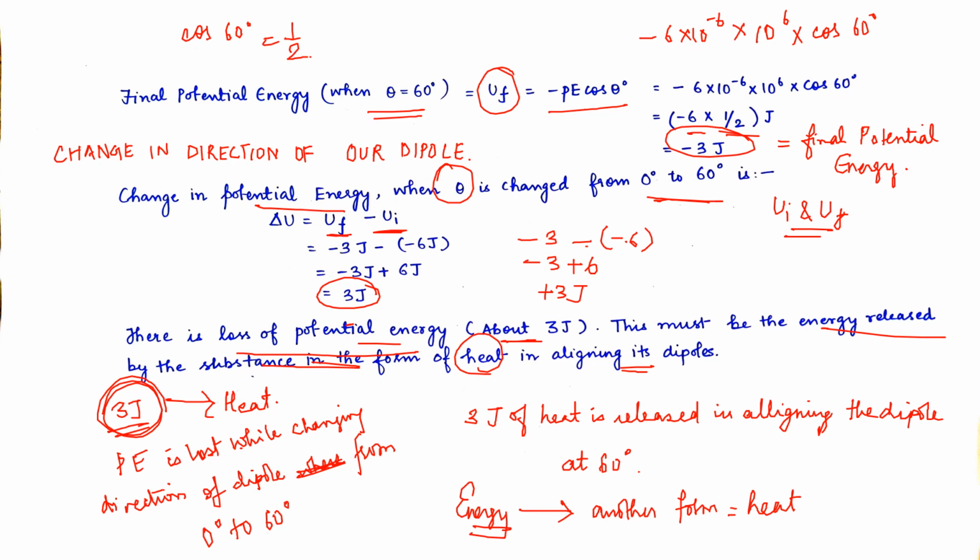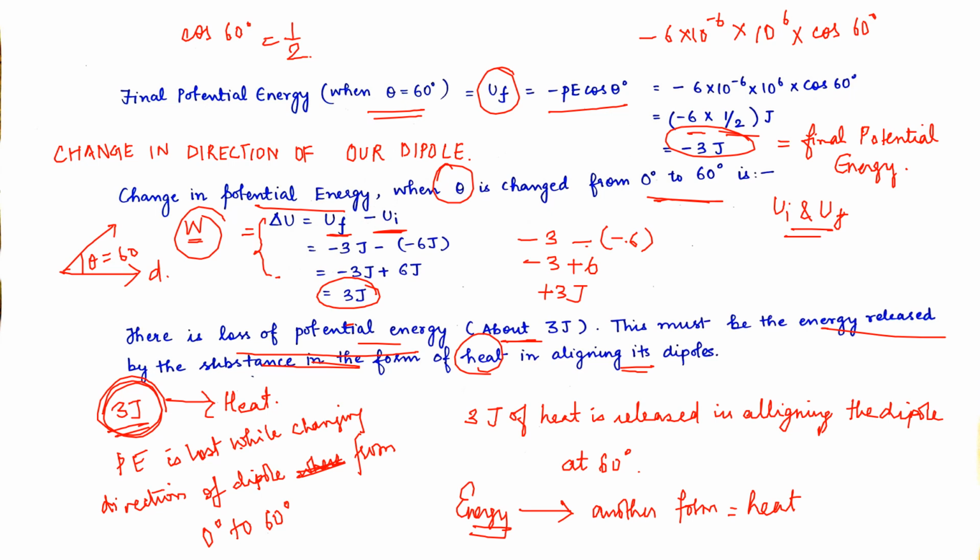This is all you have to read, then you have to understand. Here we have seen the change in potential energy. What does the change in potential energy imply in simple terms? It is the work done in making this dipole go to 60 degrees. This work done is the difference between the final and initial potential energies.